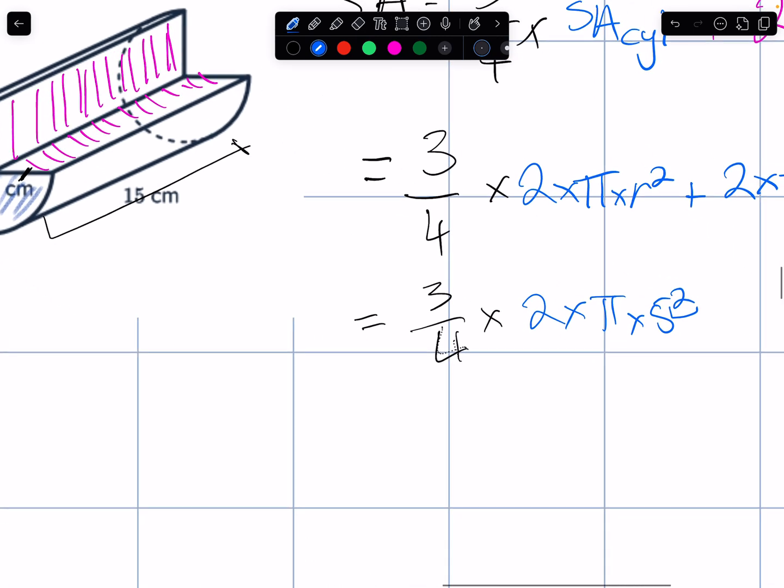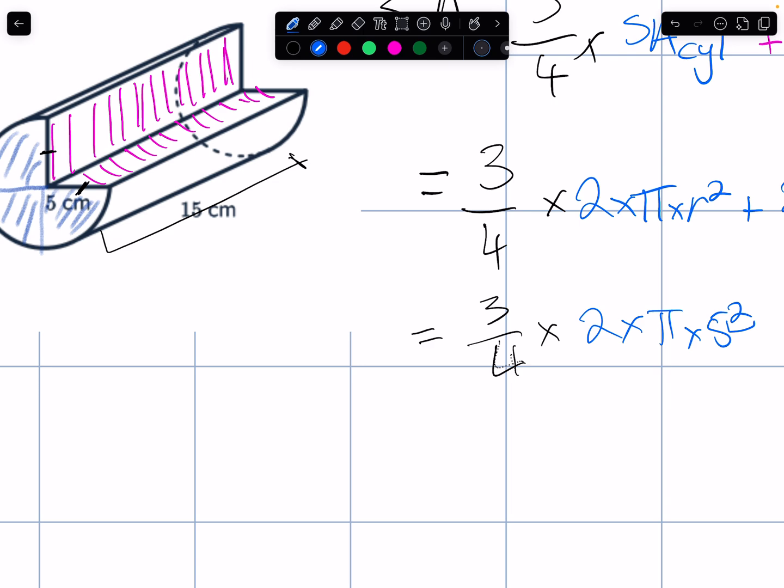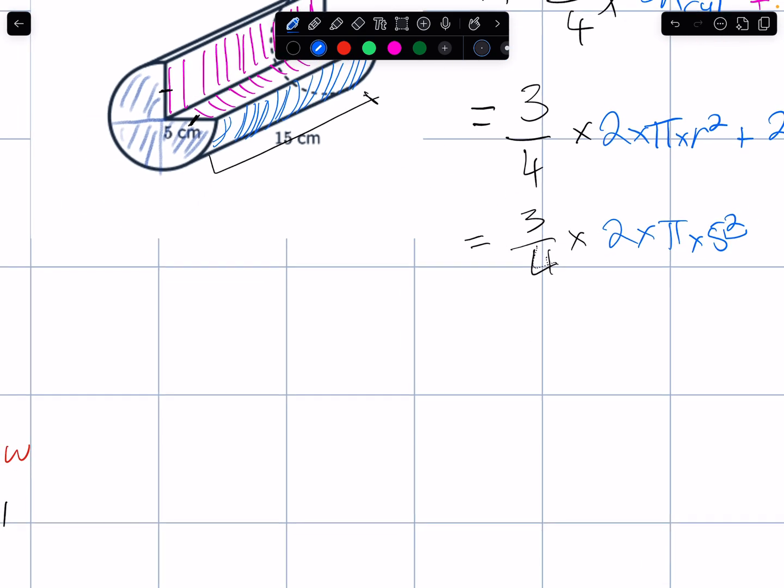Because you got your two faces, and then you got that bit that's all around it, which is this bit right here.